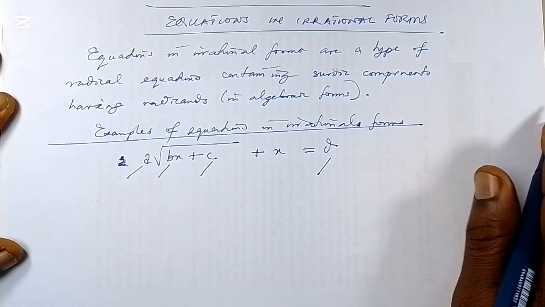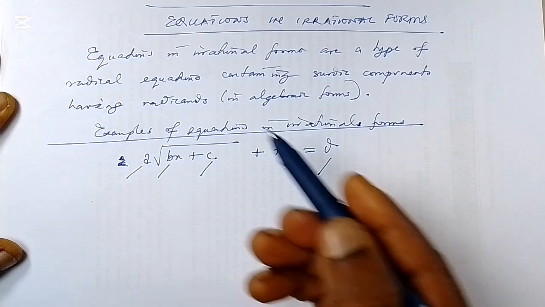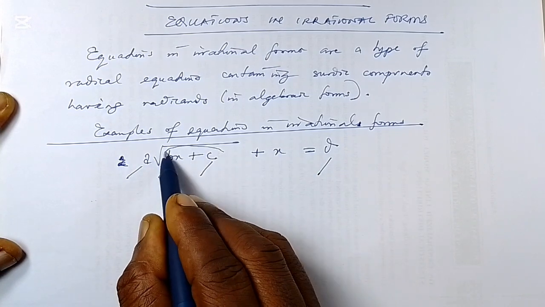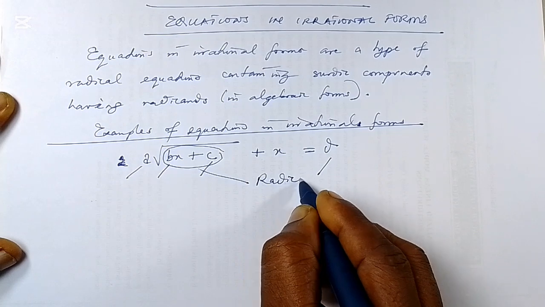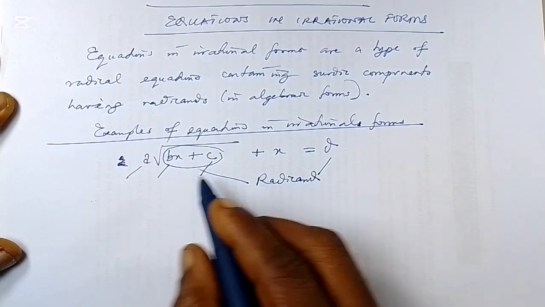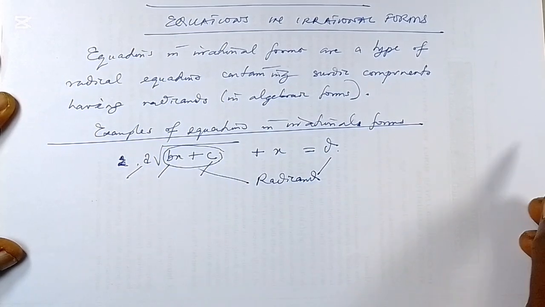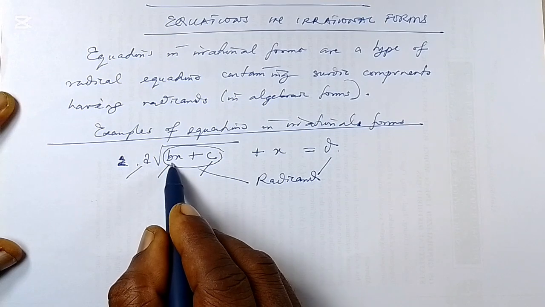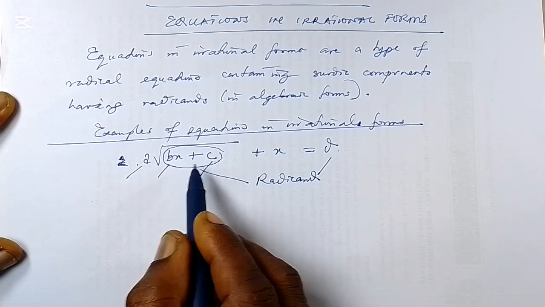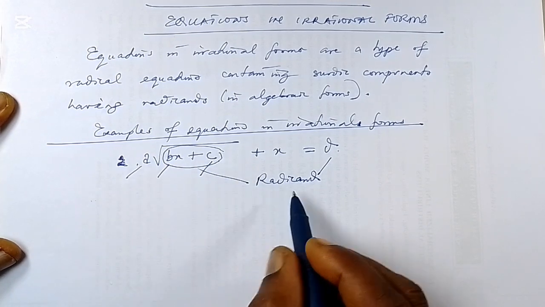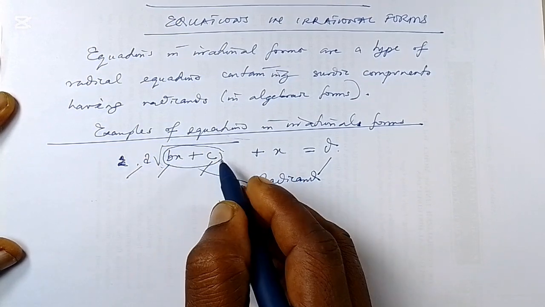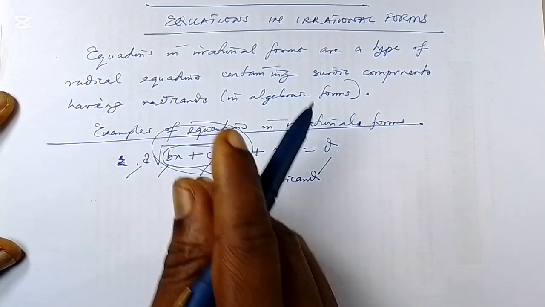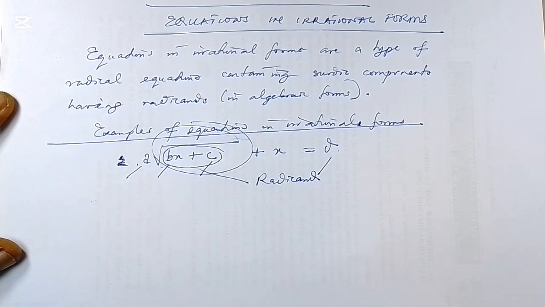Please take note that this component bx plus c under the square root is what we call a radicand. The square root itself of bx plus c is a Surdic component, as we described earlier in our definition.